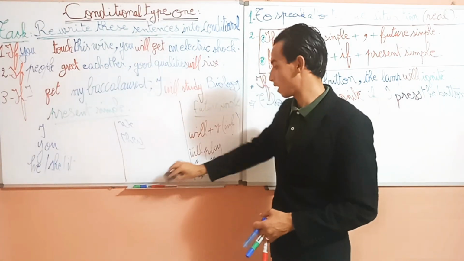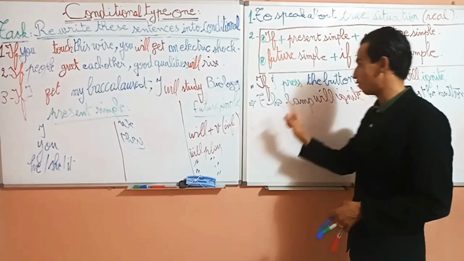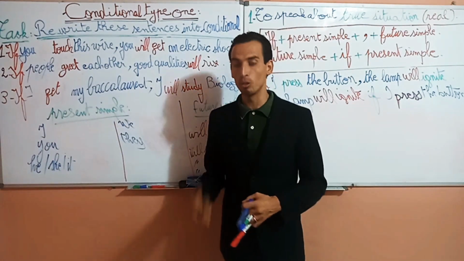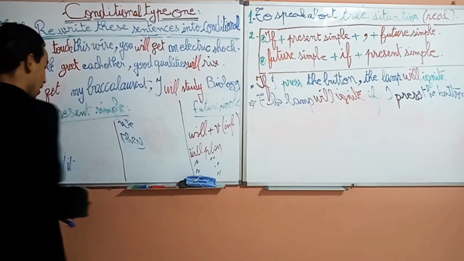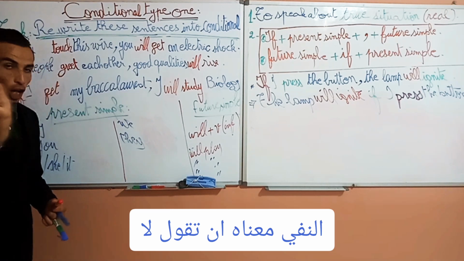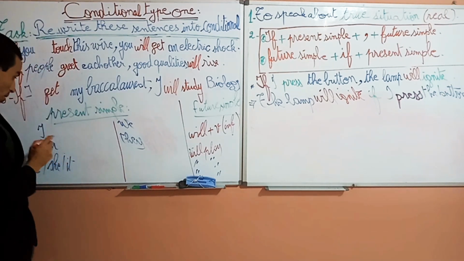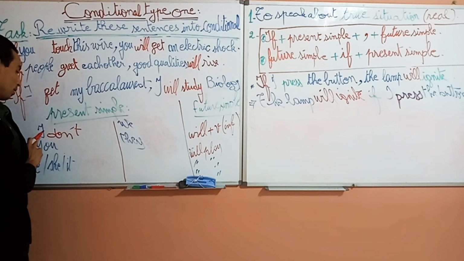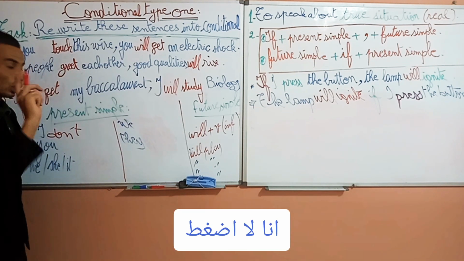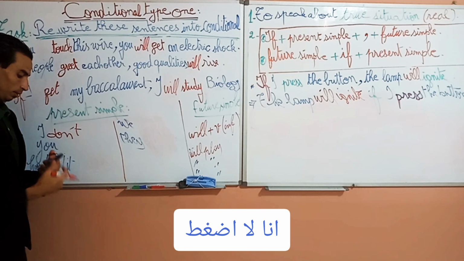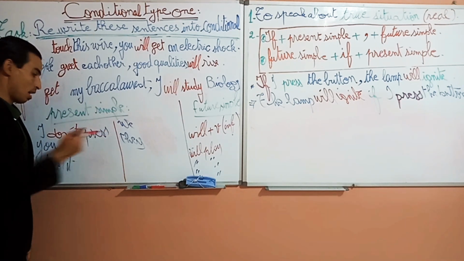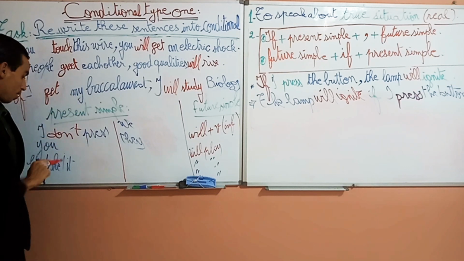So how do we conjugate the verb press in the negative form of present? Negative means to say not, okay? We put don't. I don't press.